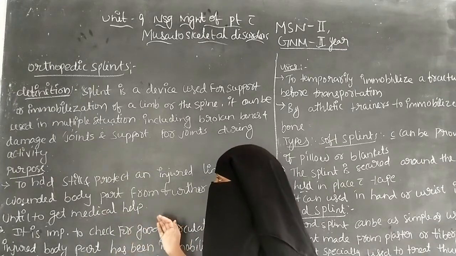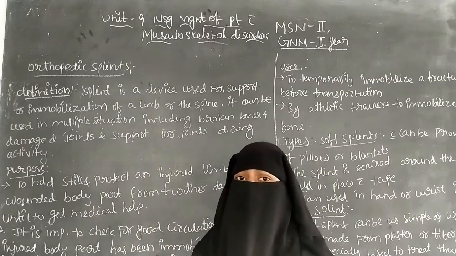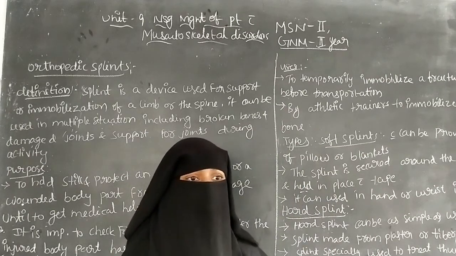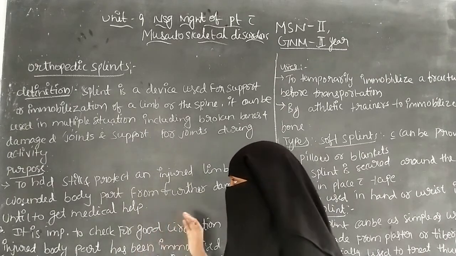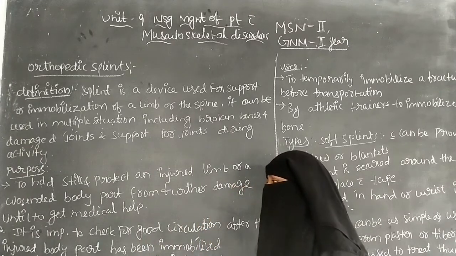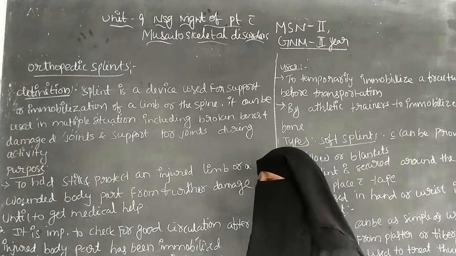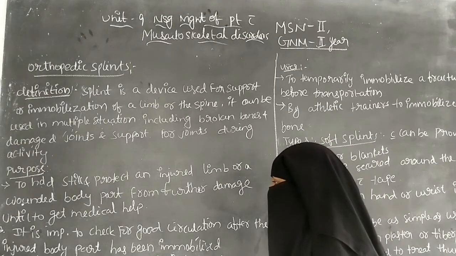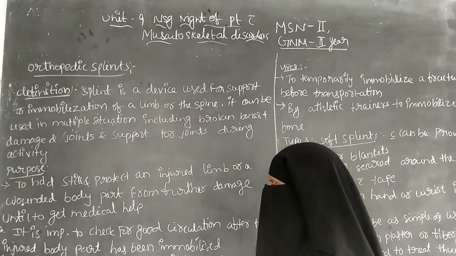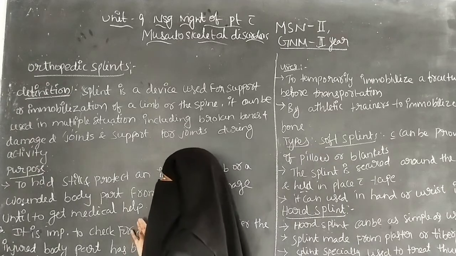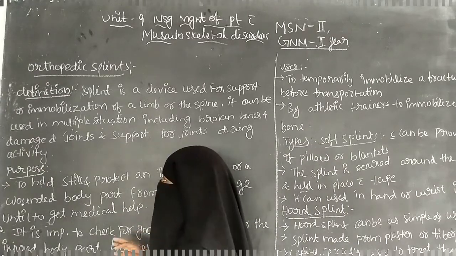With the splint we can check whether the circulation is good for the affected joint or not. So that covers the purpose of the splint.